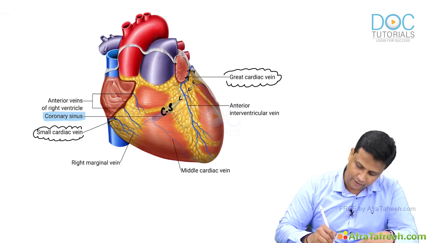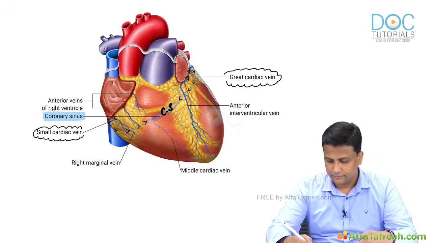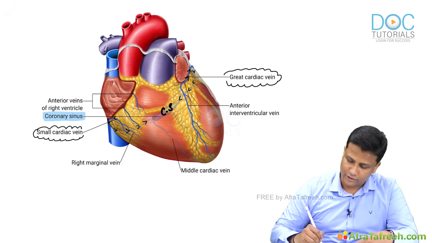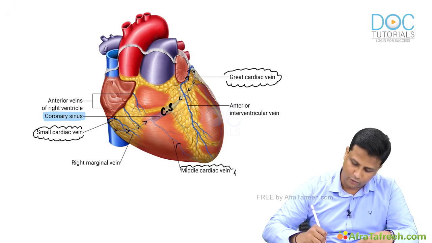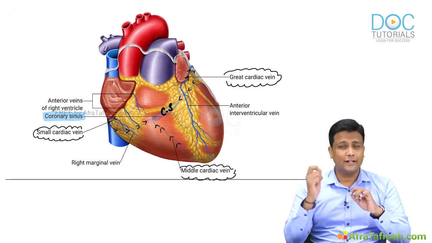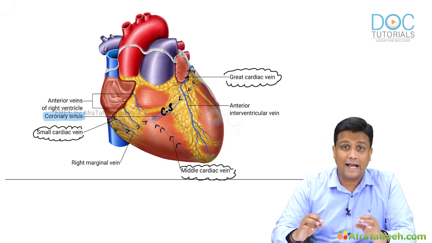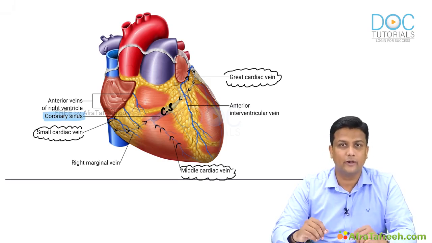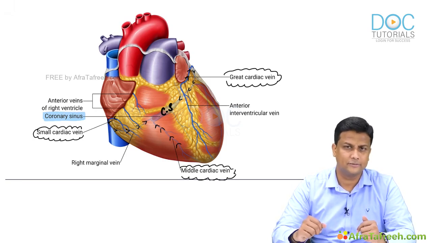It is also taking a turn, going back and draining into the coronary sinus. And one more thing that you have to appreciate in the diagram here, the middle cardiac vein. The middle cardiac vein will also drain the blood into the coronary sinus here. So the great cardiac vein, the small cardiac vein and the middle cardiac vein, almost all the cardiac veins will drain the blood into the coronary sinus.